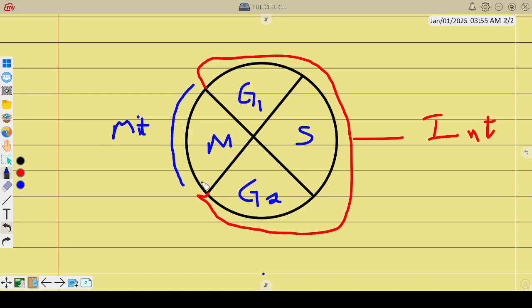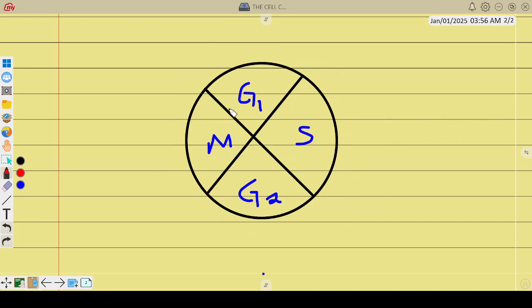Meaning prophase, metaphase, anaphase, and telophase are inside here. I'll tell you about the mnemonic I made when we come to that. Interphase takes up a lot of time. It takes about 6 hours for a cell cycle to reach G2 phase. Interphase is the longest, longer than mitotic. You can see that just from here.